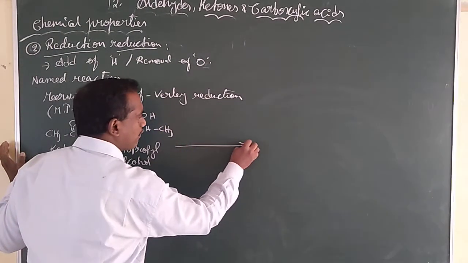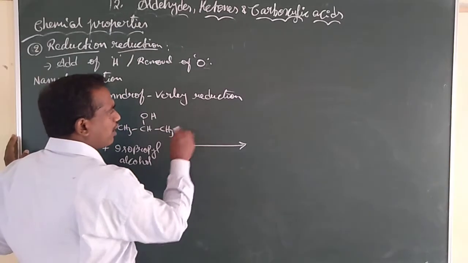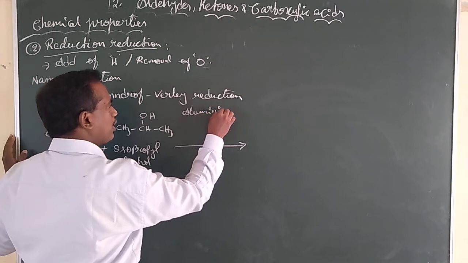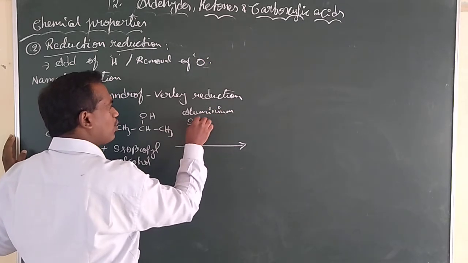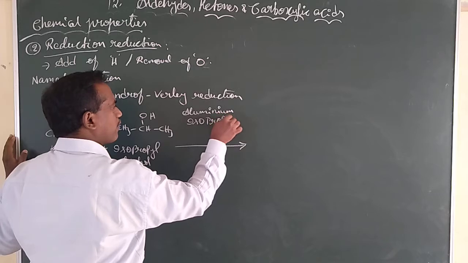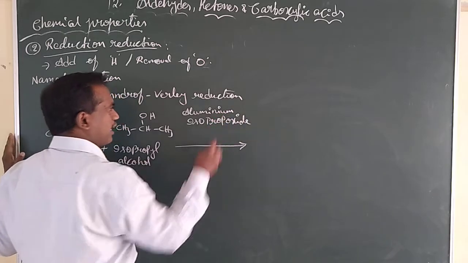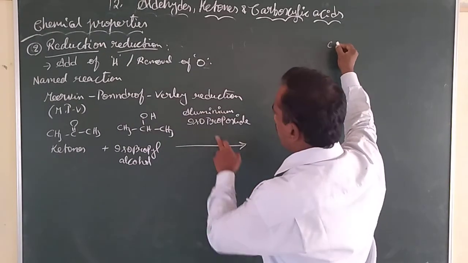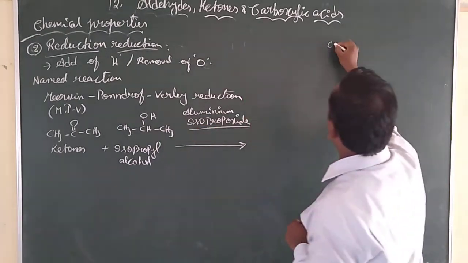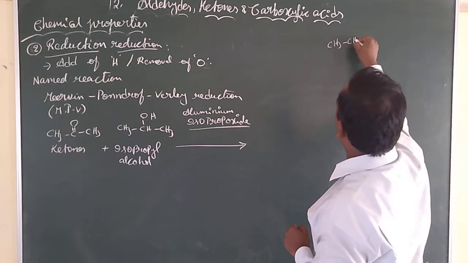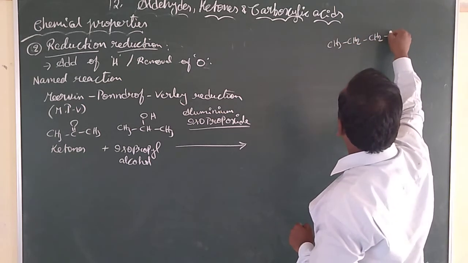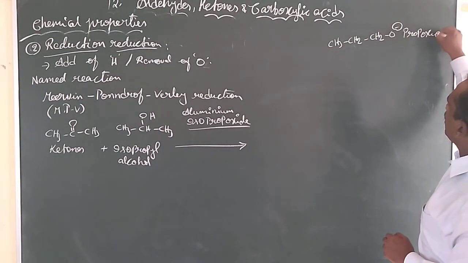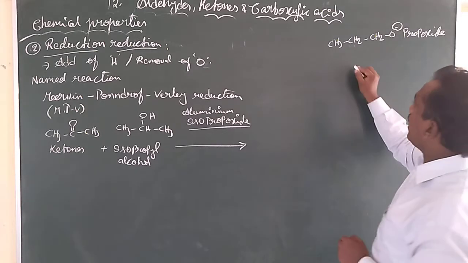In the presence of aluminium isopropoxide. Some children have this doubt, what is propoxide? CH3CH2CH2O minus is called propoxide. Then what is meant by isopropoxide?